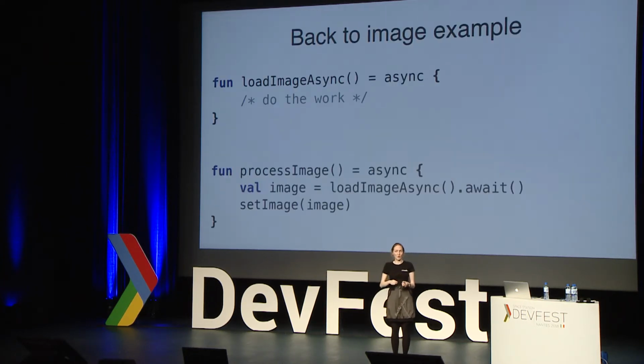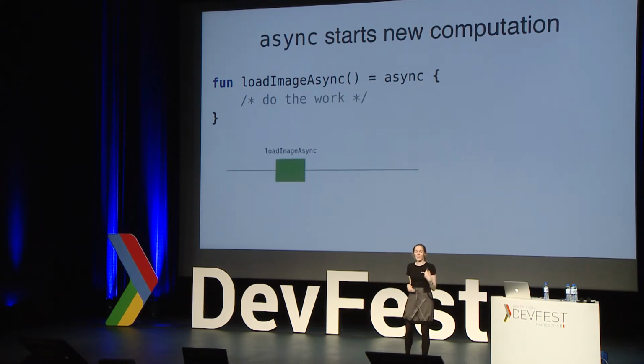Now let's go back to my image example and the story of async await, and let's unwrap how exactly async await works. First, we want to start a new computation while loading the image. So we write the function load image async, and this starts loading the image somewhere, so it starts a new computation on some thread.